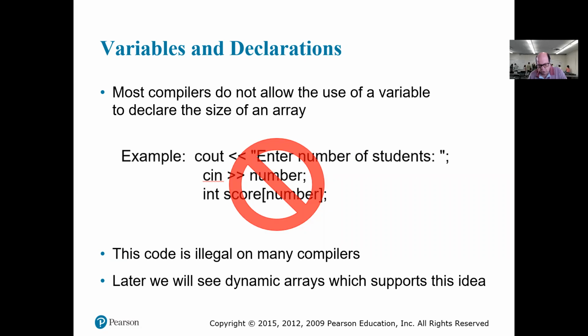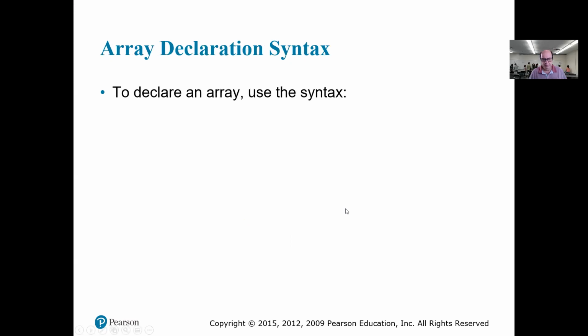That's something that Java tried to take care of. So reading a number from the user and using that number to create an array is not done through most of the compilers. So we are not going to do that one.